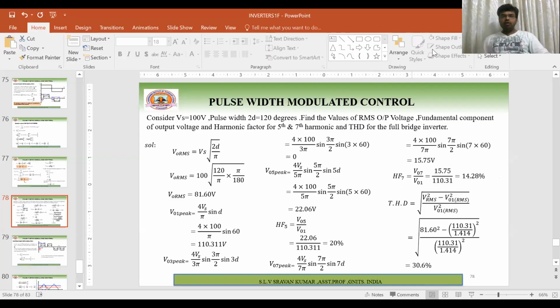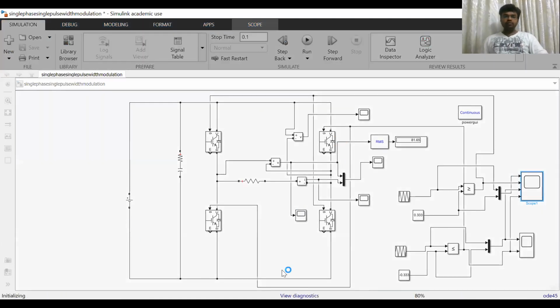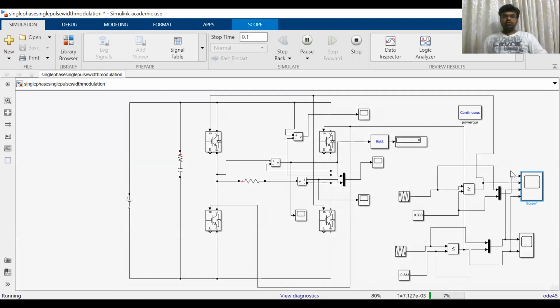Now, from the simulation point of view, this is the simulation diagram. Here I'm using a single phase bridge inverter. This is the single pulse width modulation pulse generation. I will show you pulse generation, each and everything.